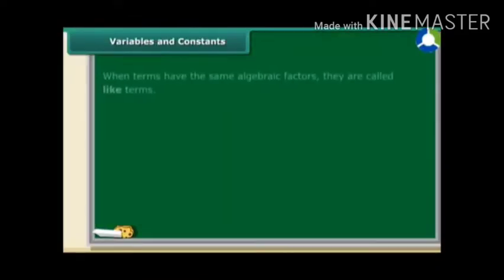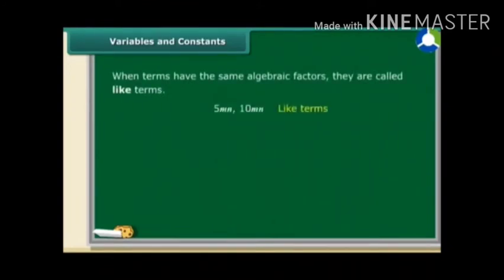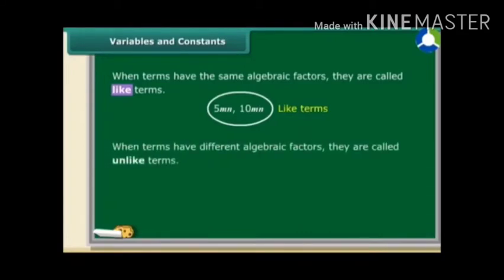Children, now I am going to teach you two kinds of terms. When terms have the same algebraic factors, they are called like terms. For example, 5mn and 10mn. Both terms have the same variables mn, so they are like terms. When terms have different algebraic factors, they are called unlike terms. For example, 3x and 7b.